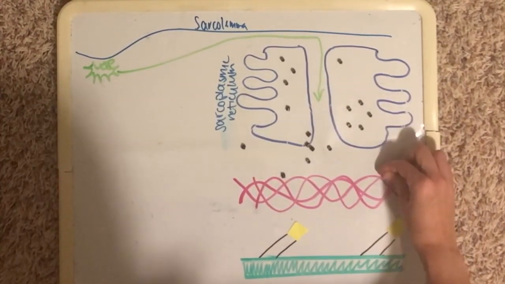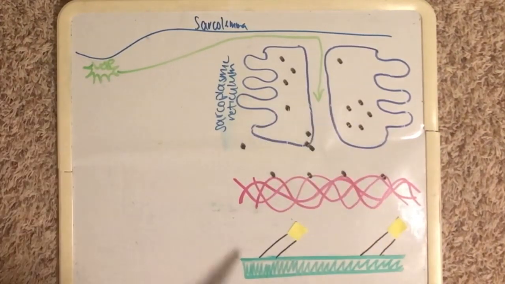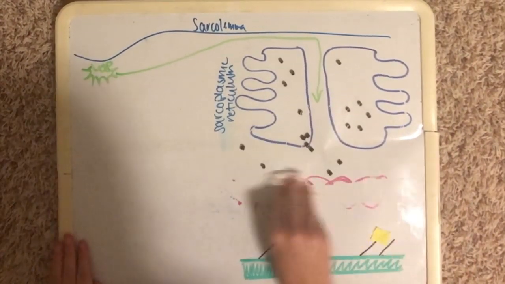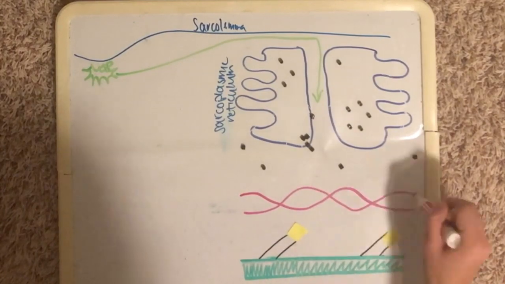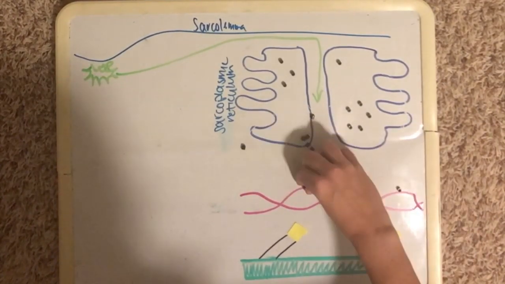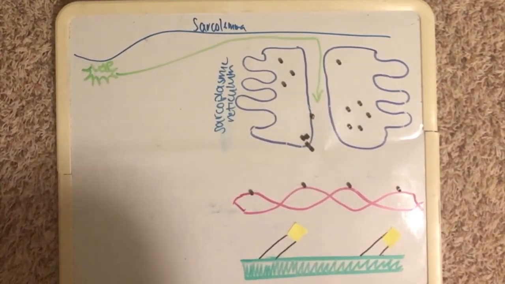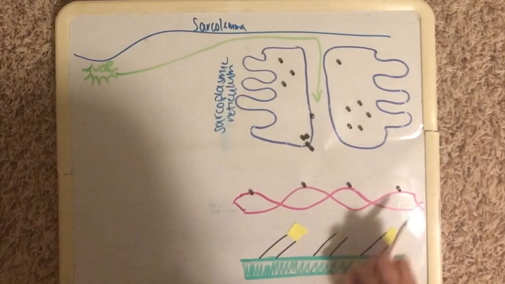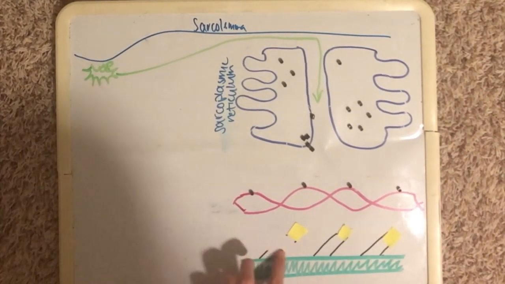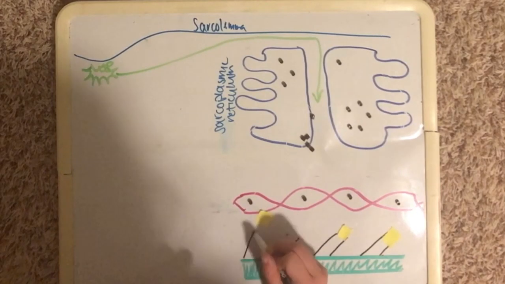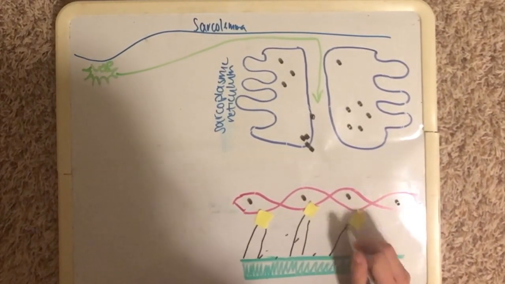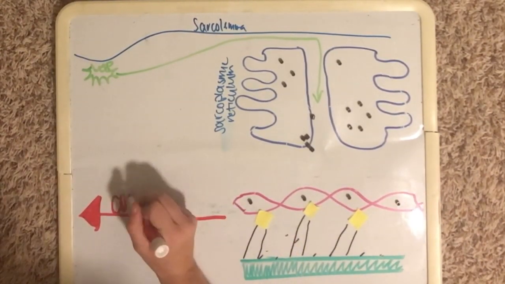Those black calcium then travel out of the sarcoplasmic reticulum because of the action potential and attach to the actin. Once it attaches to the actin at its binding spot, it changes the shape and allows for the myosin heads to attach. Once the myosin heads attach, they move the actin to contract a sarcomere, which then contracts the entire muscle cell.